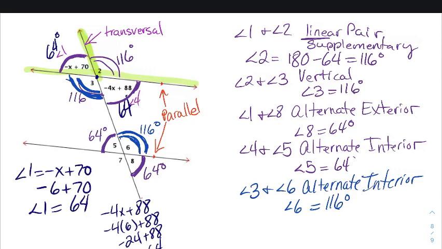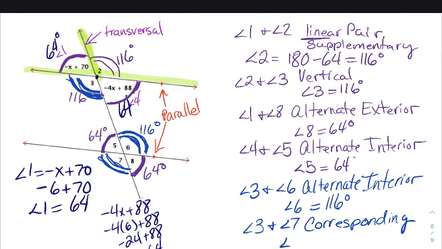And we also could say that angle 3 and angle 7 are corresponding, which again means that they are congruent. So angle 7 is also going to be 116. And keep in mind, we do still have our consecutive angles and things of that nature as well.